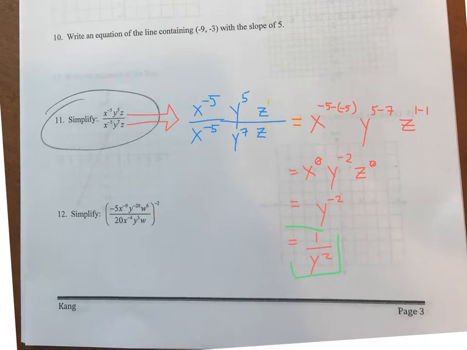In the interest of time, all I'm going to say is that if you have a big clunky fraction, or really any fraction to be honest, let's say we had something like this, and it was raised to the -3.